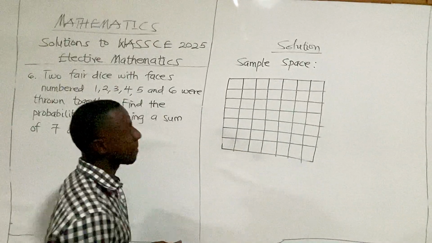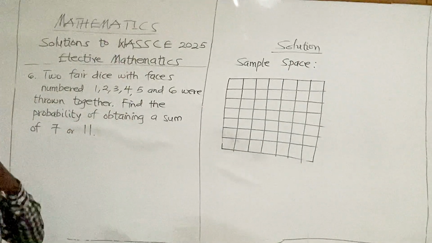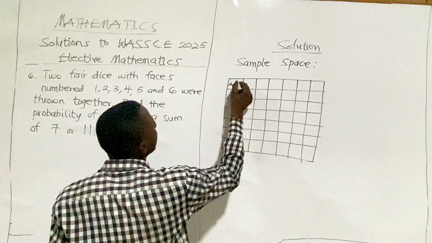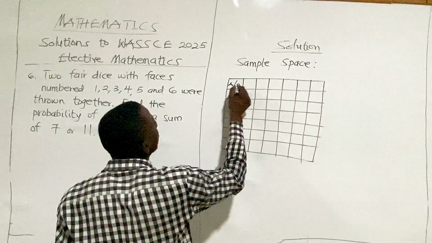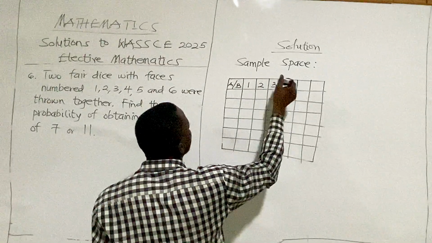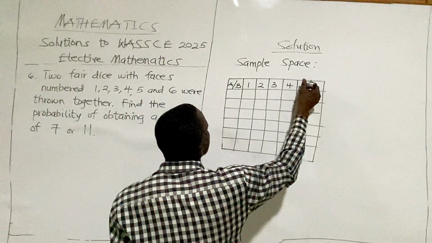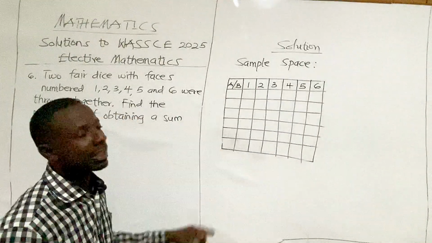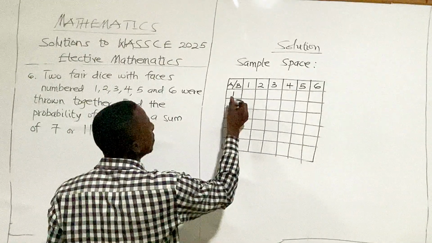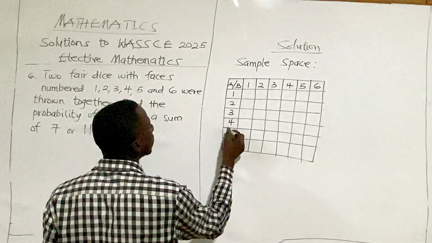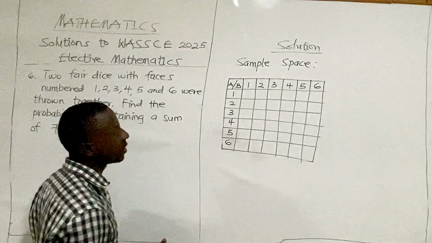All right. Now, because we are dealing with two dice, we are going to write here die A or die B. So here we are putting the numbers 1, 2, 3, 4, 5, 6. Then with the next die, we have 1, 2, 3, 4, 5, 6.